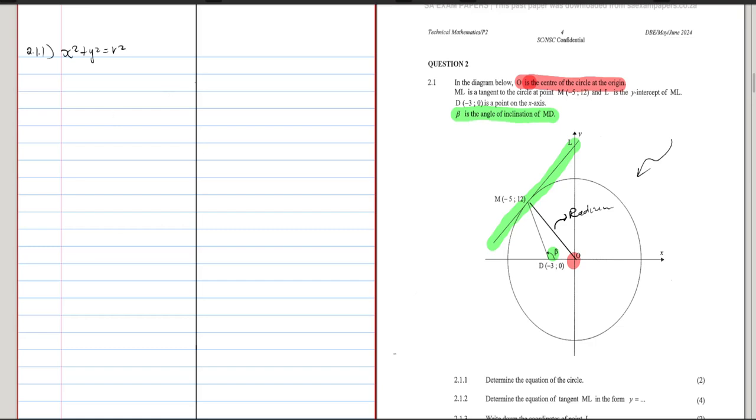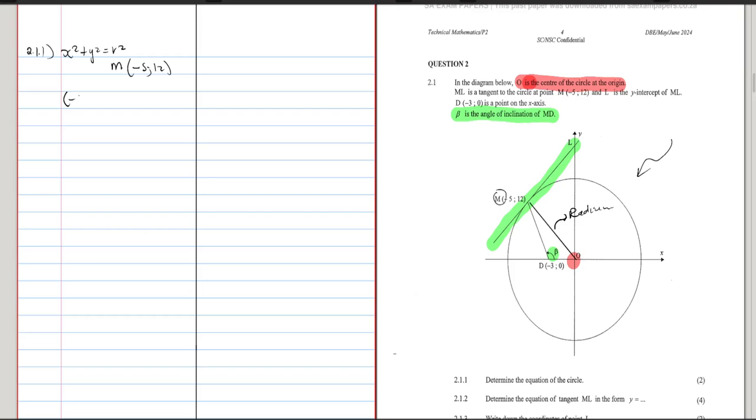The only way to do that is finding a point that lies along the circle. In this case, M is a point that lies on the circle, so we're just going to substitute it into the equation so that we can calculate r. In fact, we are looking for r squared, not r.